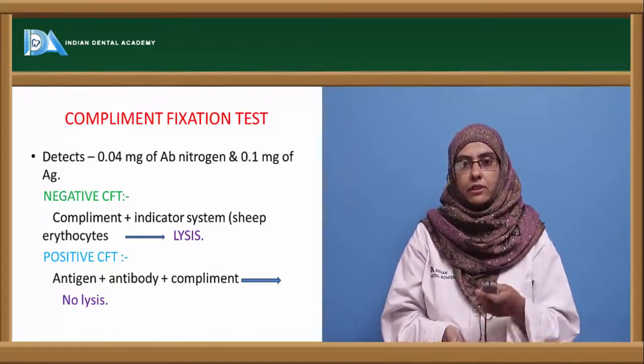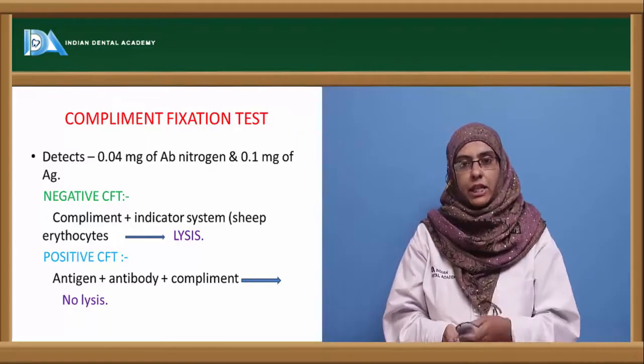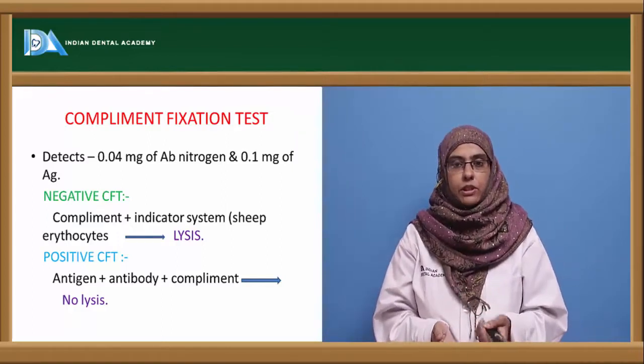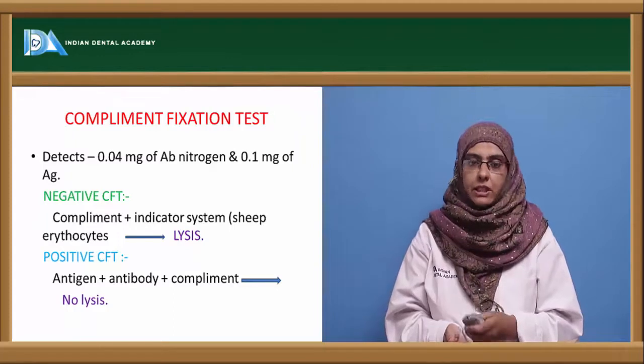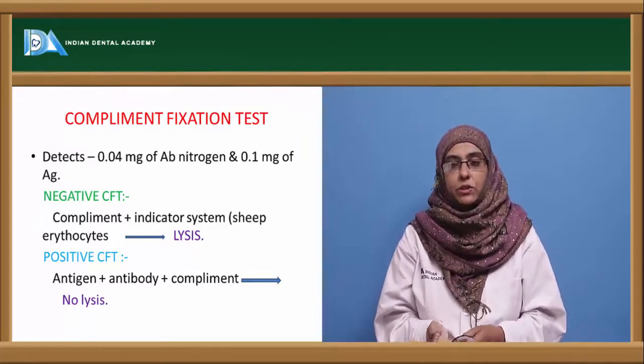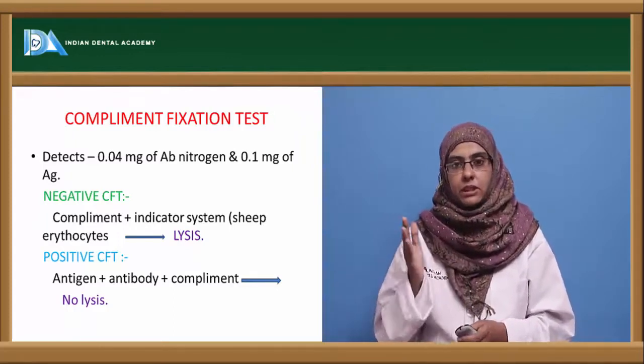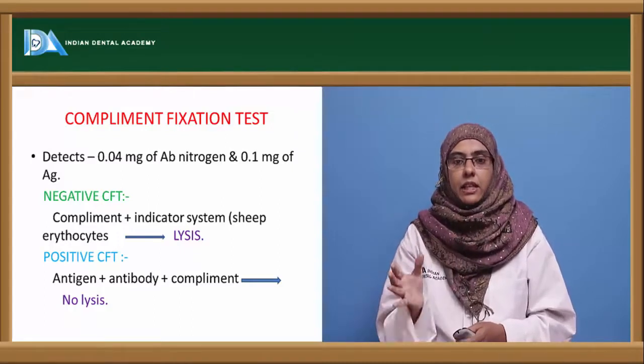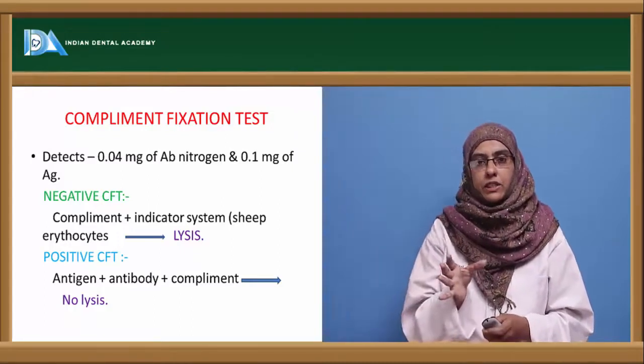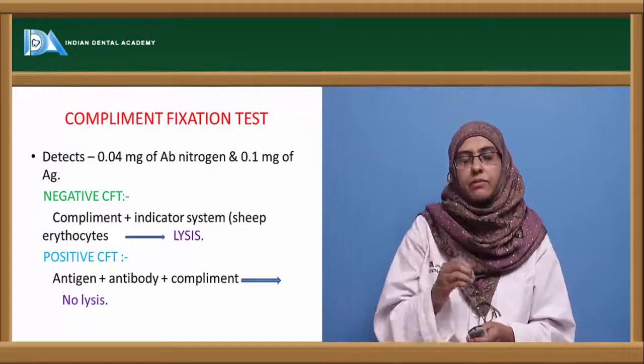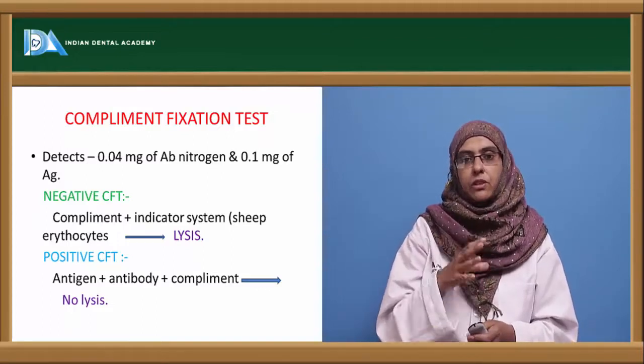Here the negative CFT is usually indicated by lysis, and a positive complement fixation test is indicated by no lysis. There are two sets of tests that are usually done in this complement fixation test to see whether the complement protein has been fixed or not.